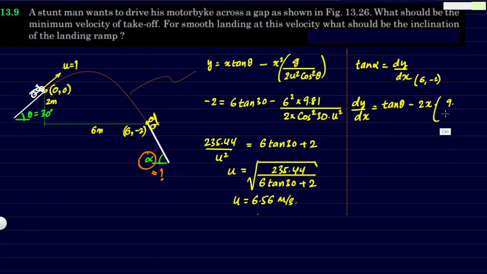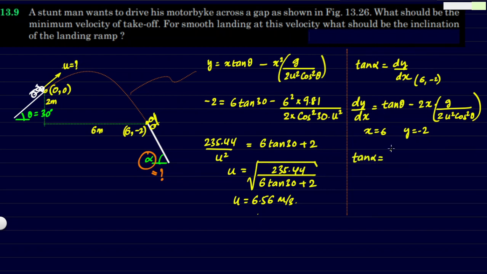Let me just keep it as it is for now. Later we'll substitute. So 2 times u square cos square theta. This is the value of dy by dx. So we just need to substitute x equal to 6 and y equal to -2 into this equation, and that's how we will get the value of tan alpha.